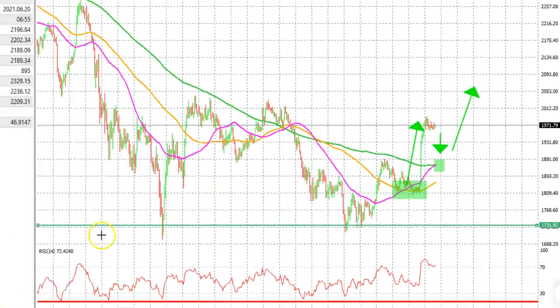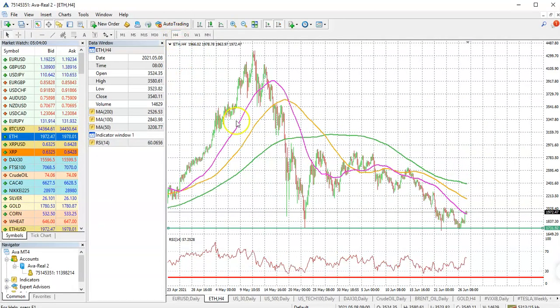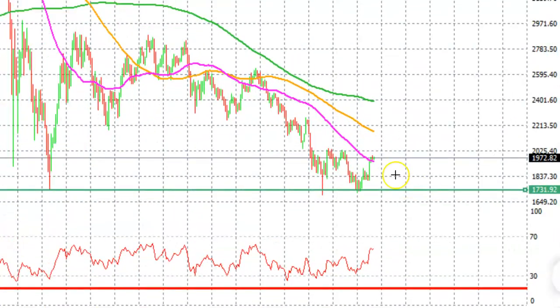And finally, another bullish signal is also coming from the 4-hour time frame, where the price is about to break above the 50-day simple moving average. Again, if the price can stay above this one, then we are likely to see further moves to the upside.